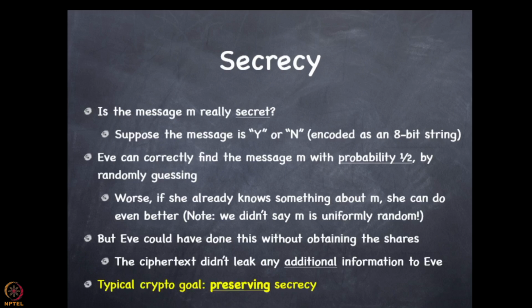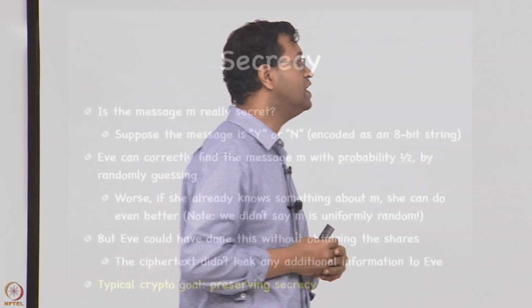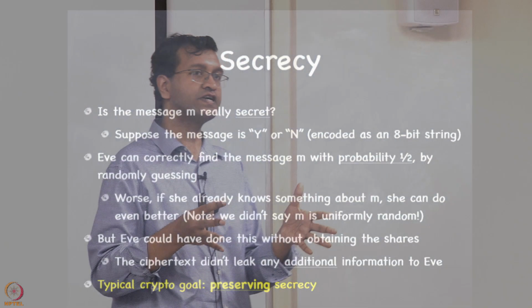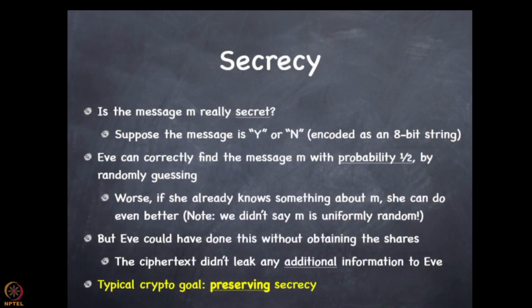This is typical of how our security definitions will be. We'll not be trying to create secrecy or some sort of security. What we'll be trying to do is preserve or retain as much as possible given the functionality that we want. In this case, if it is this message that you're trying to send, which Eve already knows something about, we cannot make it less known to her.